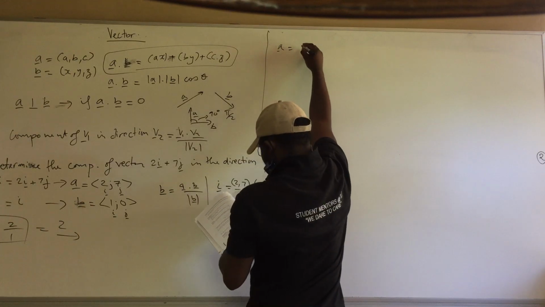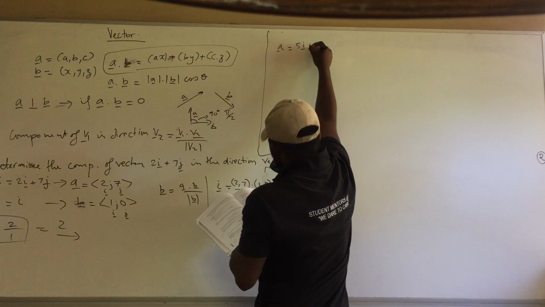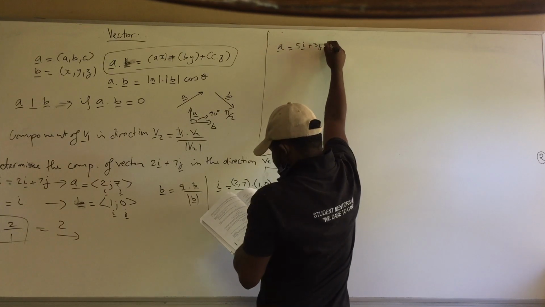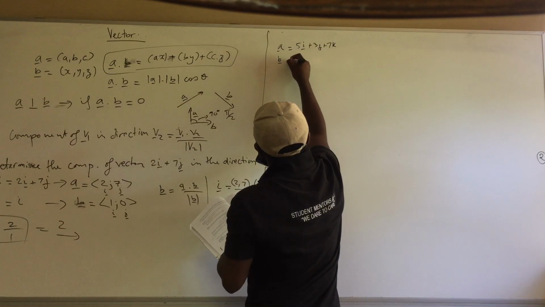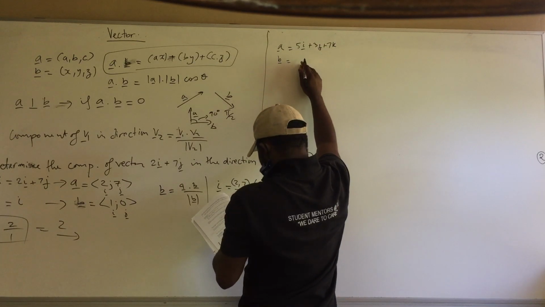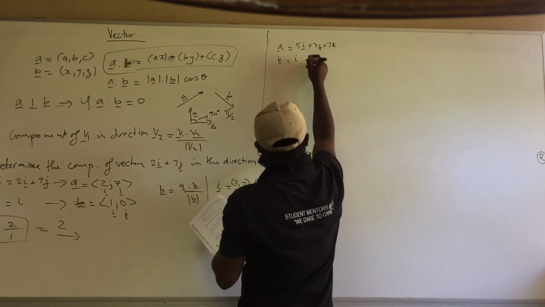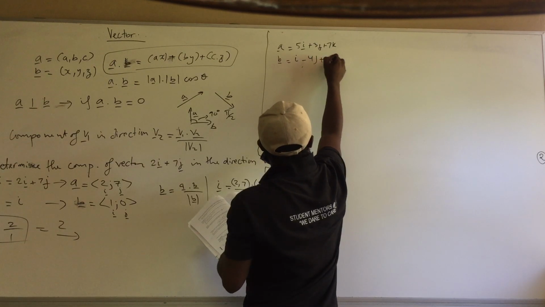A equal to 7i plus 3j plus 7k, and B equal to i minus 4j plus k.